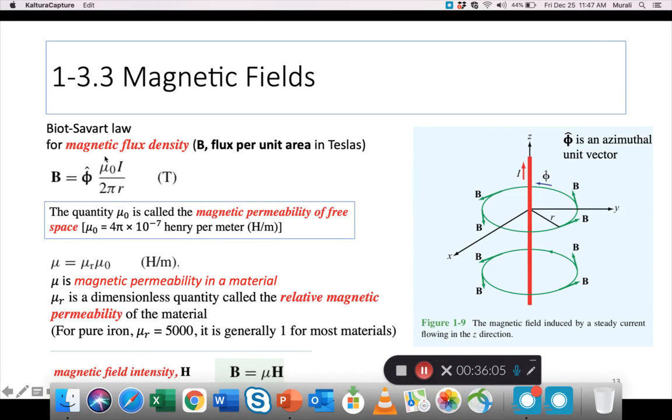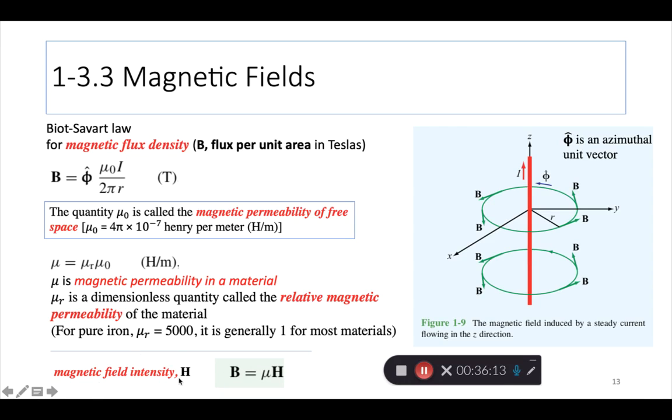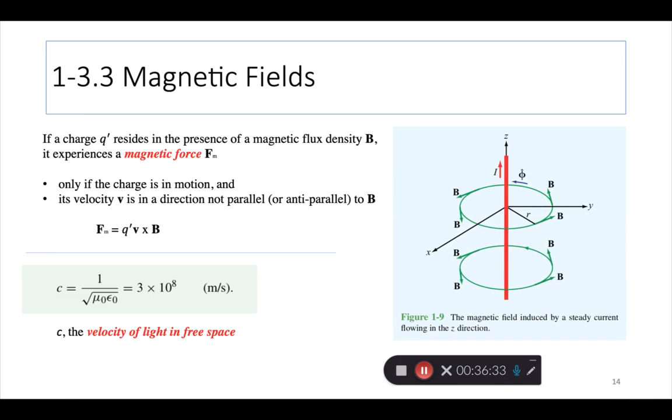So you use mu instead of mu 0 in the formula. One other topic, magnetic field intensity H. It's related to B, which is magnetic flux density, by B equals mu H. So pay some attention to this, understand what this phi unit vector means compared to the x we saw previously, and why it's being used here.